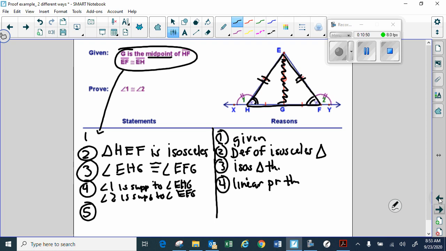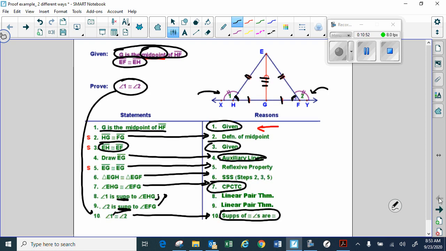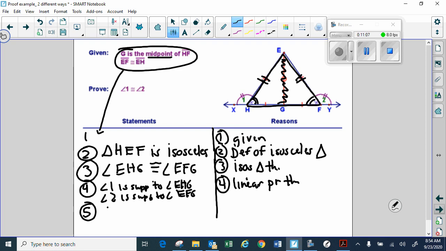Okay, and so notice our last step. I already was able to get all the way to this step. These two combine right there, linear pair theorem, and now our final step, supplements of congruent angles are congruent. So again, angle 1 is congruent to angle 2.